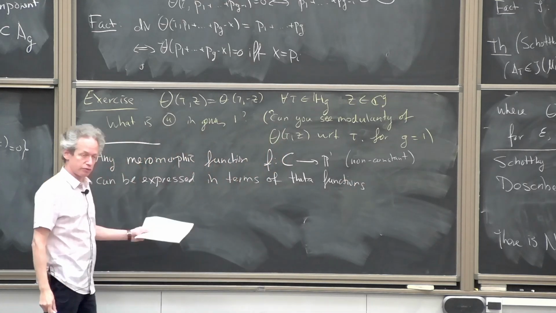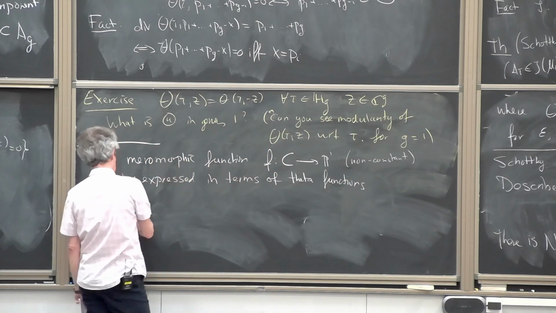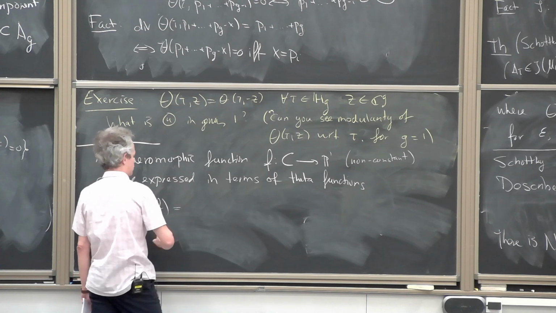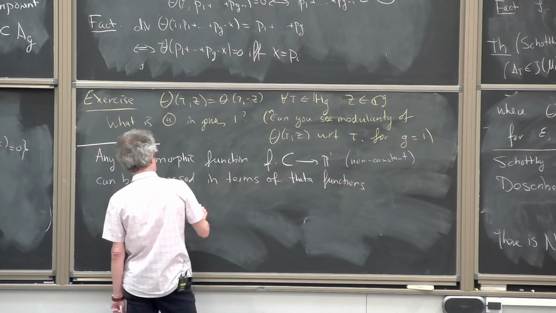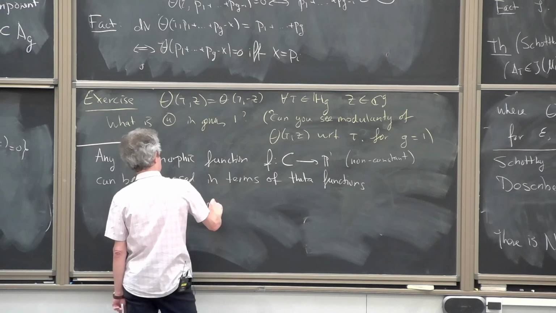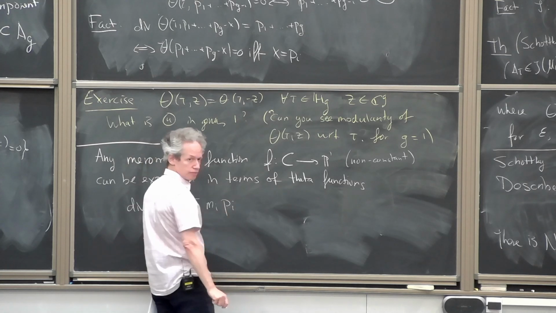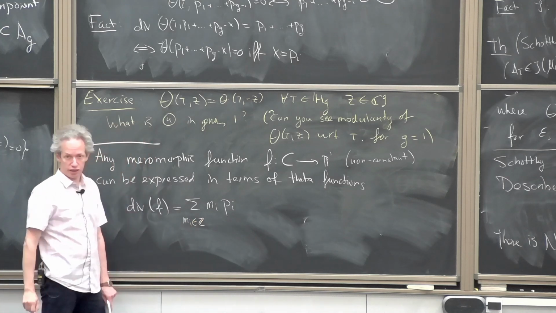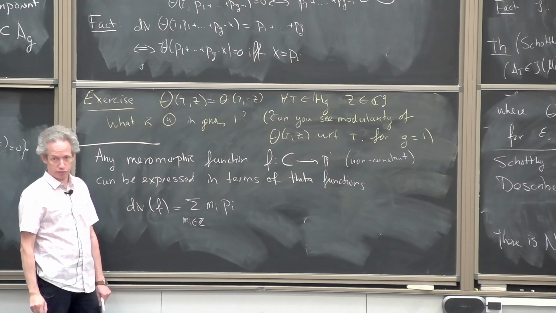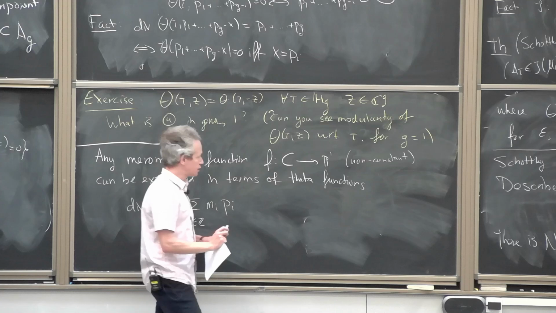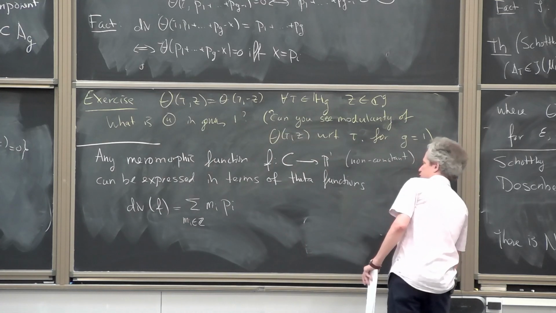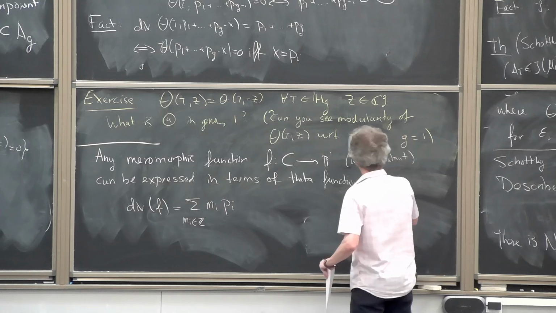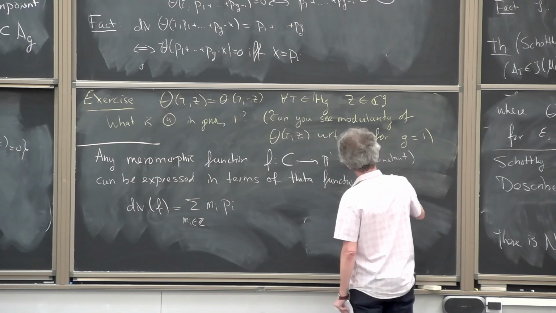Let me try to explain what this is. So I have a function f. Its divisor is going to be equal to the sum of m_i p_i, where m_i are integers. I'm writing together the zeros and the poles of this function with multiplicities. So then I can just write down this function f in terms of theta functions, up to a constant factor.